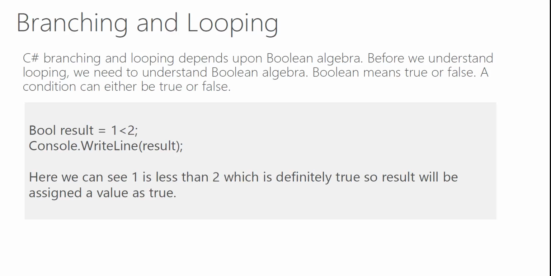Boolean requires one of the below mentioned Boolean operators. For example, you can see the Boolean result equals 1 less than 2. Here we can see 1 is less than 2, which is definitely true, so result will be assigned the value true.